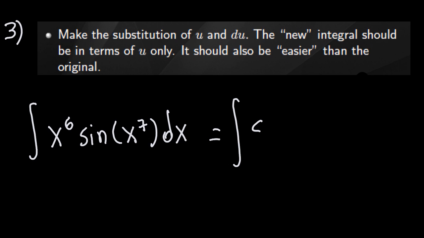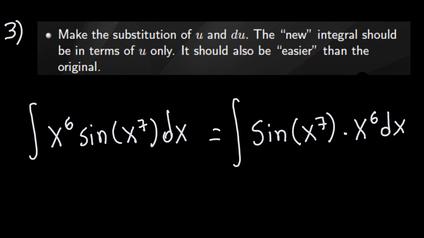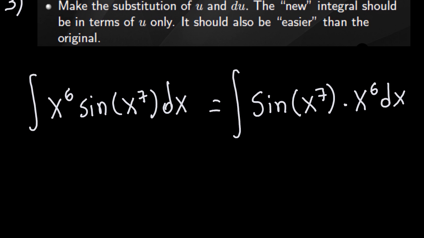I'm just going to move things around because it's multiplication. I can do that. So this is sine of x to the 7 times x to the 6 dx. So the two terms are exactly the same thing. I didn't do much here, just the commutative property of the product.